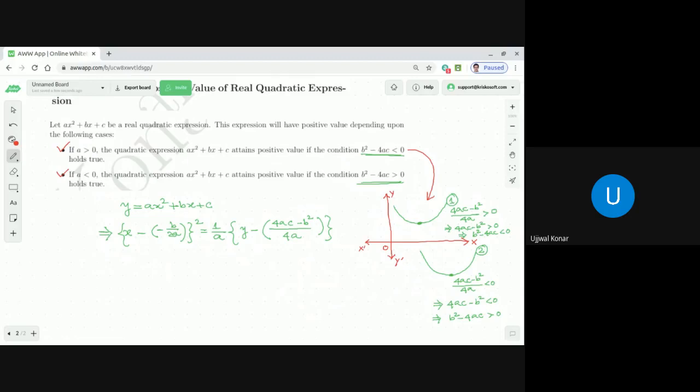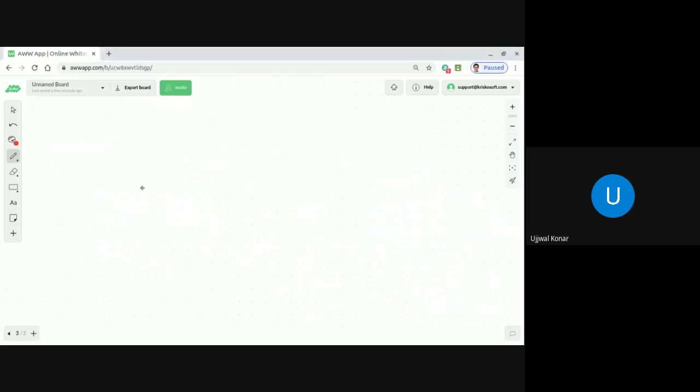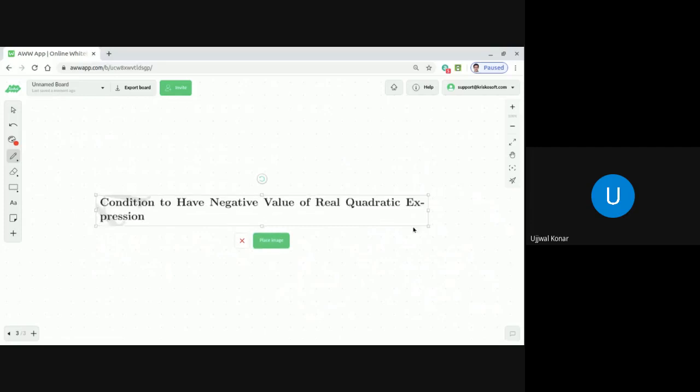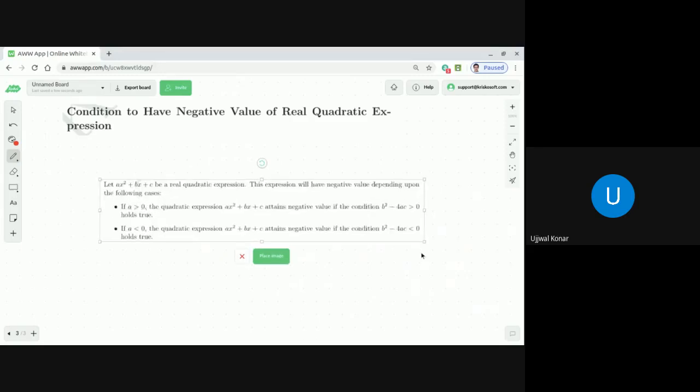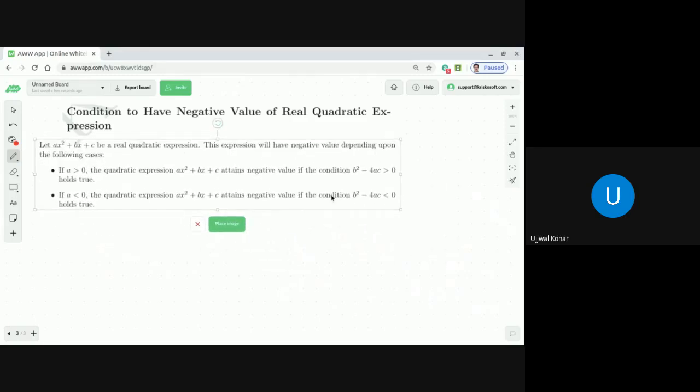In the same context, the last point I'm going to discuss, dear students, is that you can also do on your own the condition to have negative value of a real quadratic expression. So how can we get it? Let me first show the condition to have negative value of real quadratic expressions. In the similar manner, let ax square plus bx plus c be a real quadratic expression.